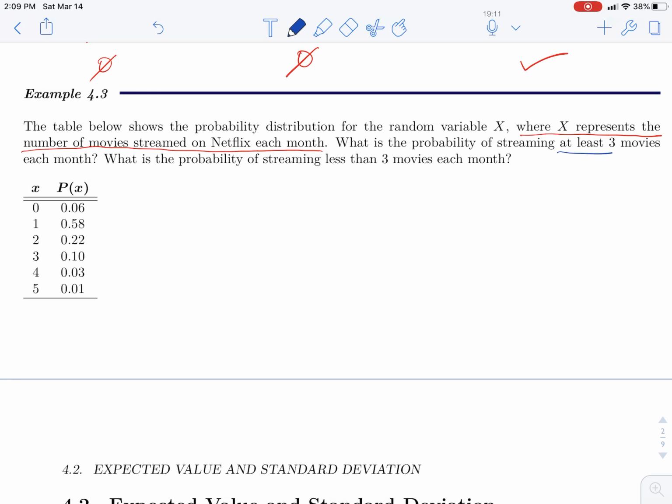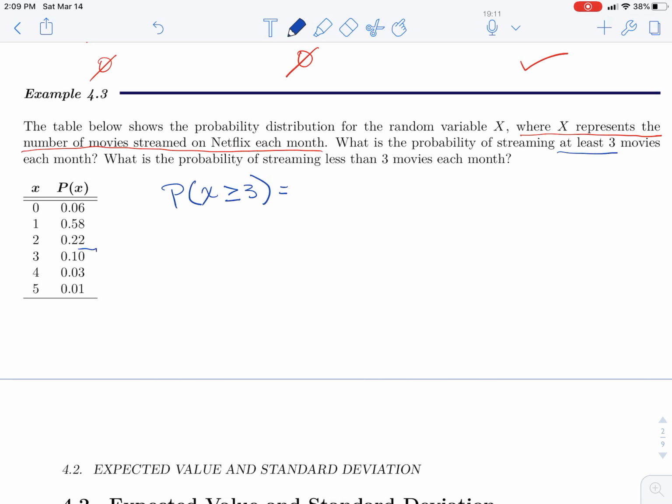So when you're looking at the words at least 3, is 3 included? 3 is at least 3, and then 4 is at least 3, 5 is at least 3, so we're going up. So we want the probability that our x, our outcome value, is greater than or equal to 3. So please get into the habit of writing those notations as well.